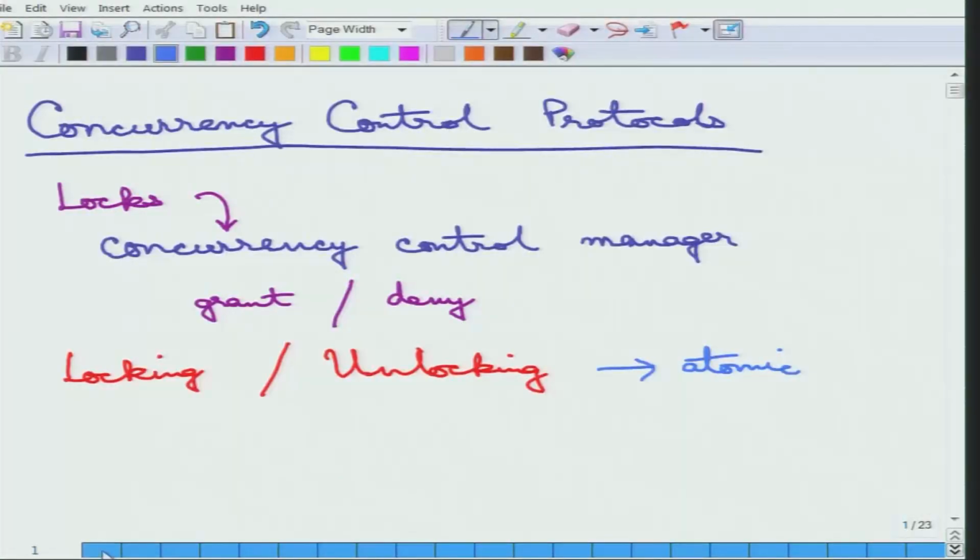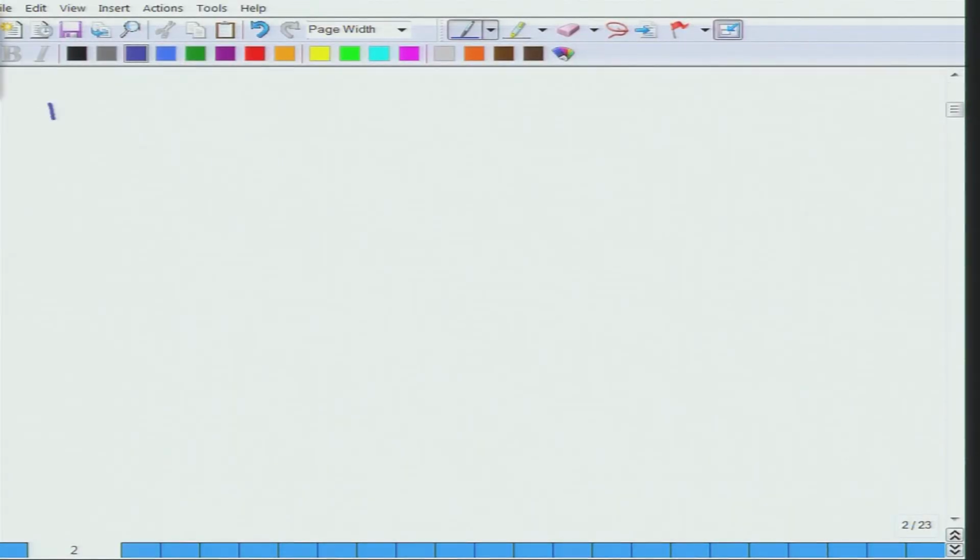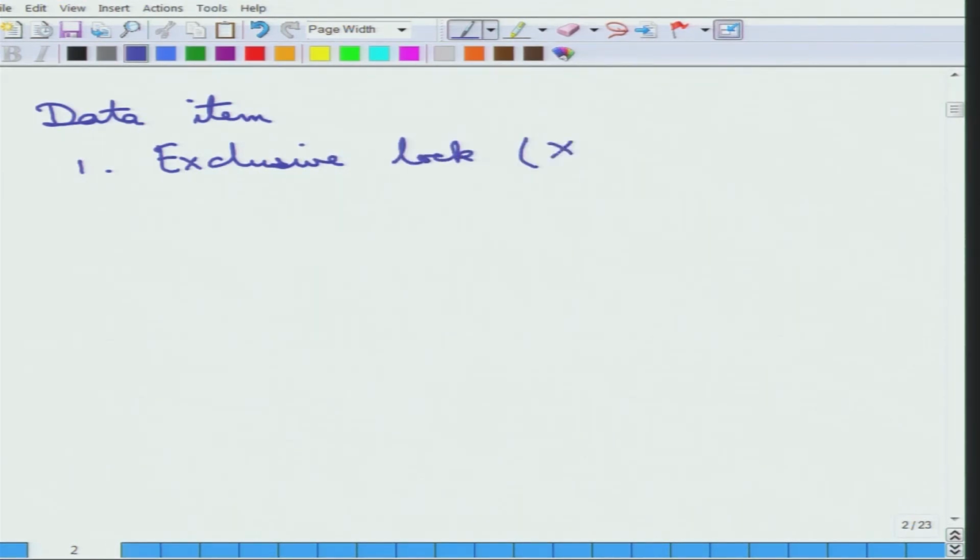So a data item is either locked or unlocked, and it may be locked in essentially two modes. The first one is called an exclusive lock, denoted by X. This means the data item can be both written as well as read. So if a transaction obtains an exclusive lock on a data item, then the transaction can both write and read the data item.